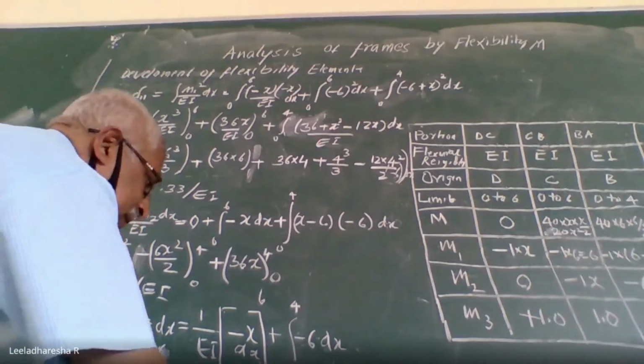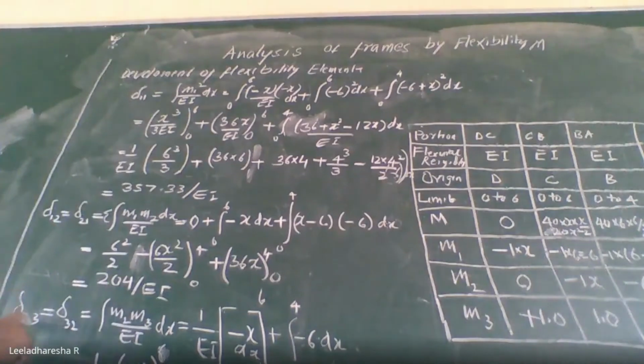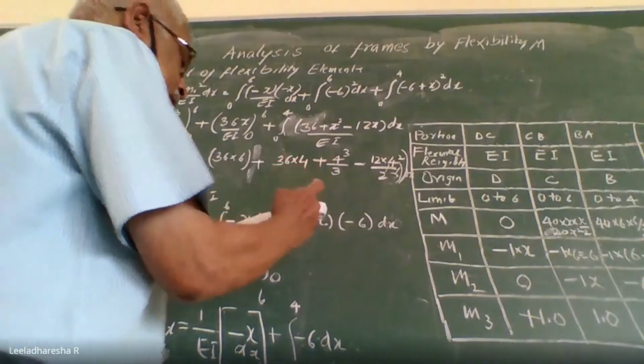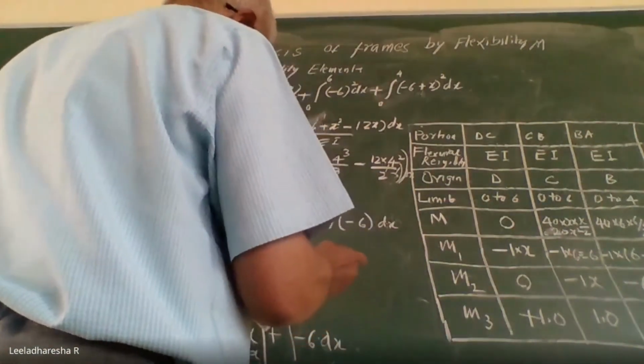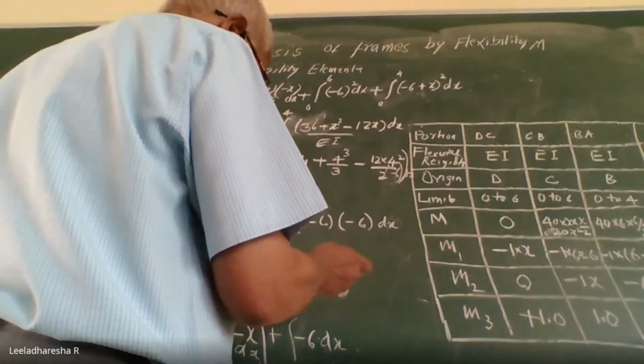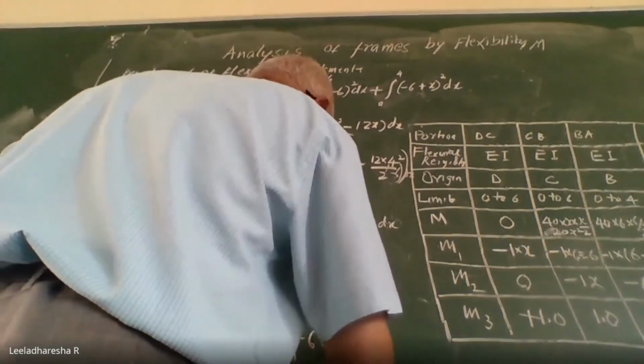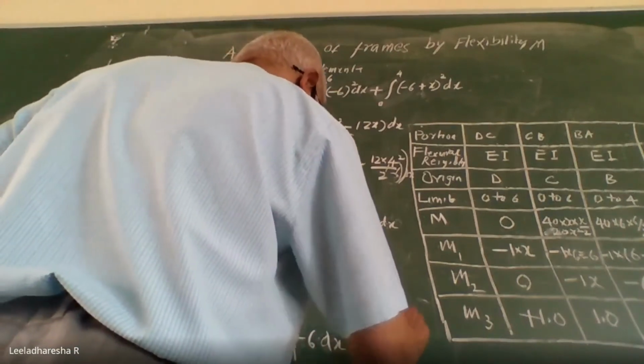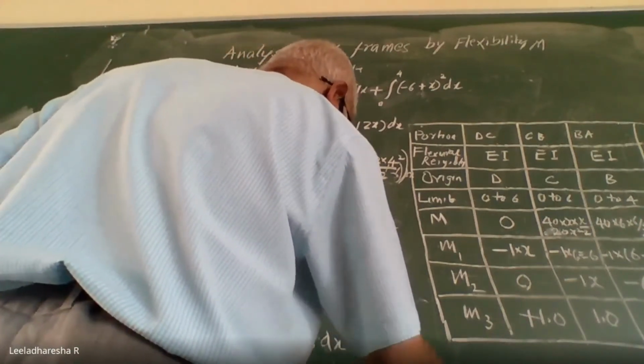So now ultimately you are going to get delta 2 3 equal to delta 3 2, equal to 204 minus 70 by EI, so ultimately you get this as minus 70 divided by EI.